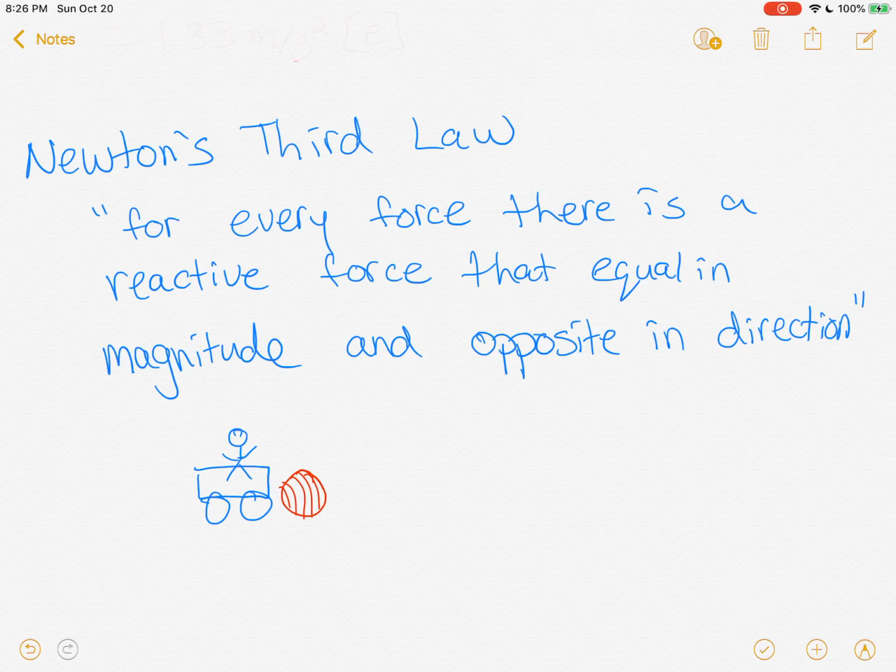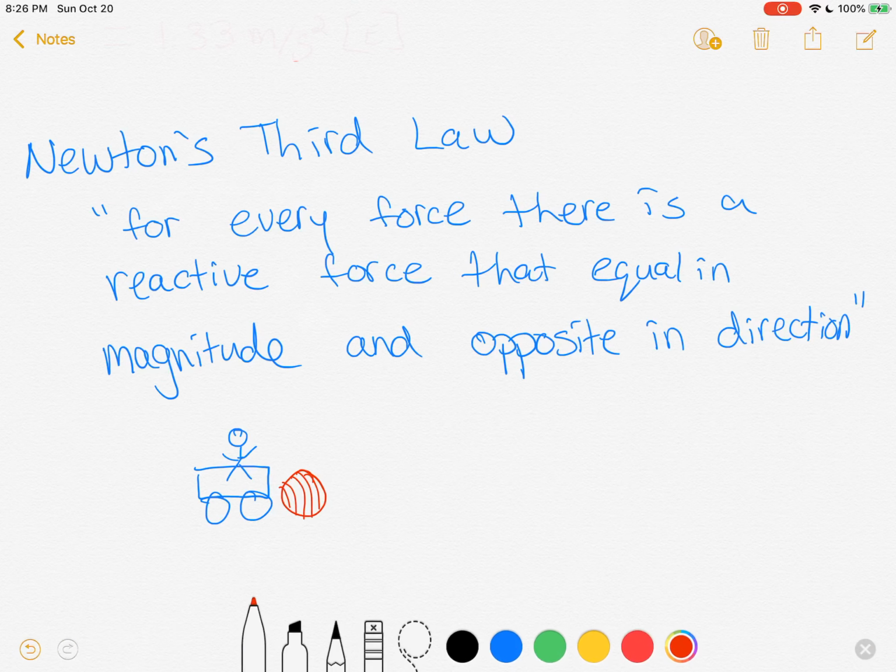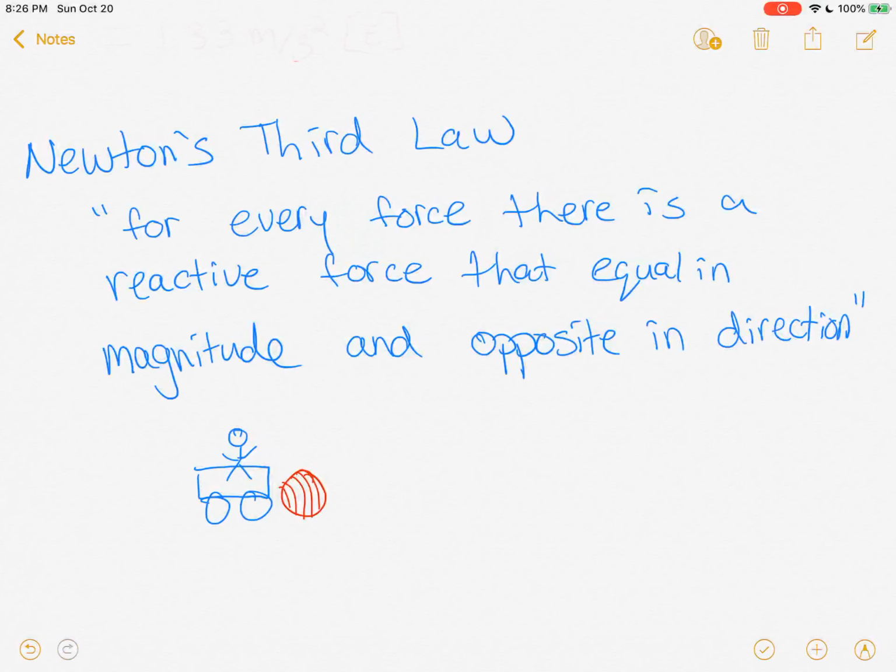When the car runs into the baseball and they're actually coming into contact with each other, the car is going to have a force on the ball. So this is the force of the car on the ball. But then the ball is going to have a reactive force that pushes back on the car. So this is the force of the ball on the car. And those two forces should be equal to each other in magnitude, but opposite in direction.